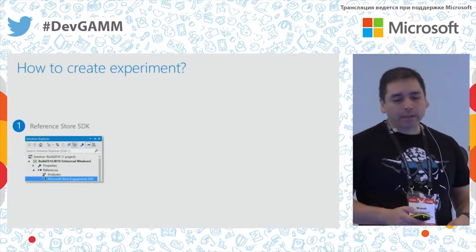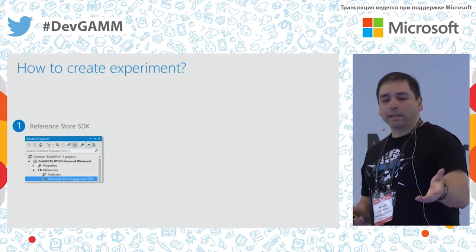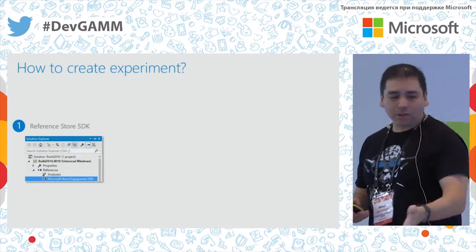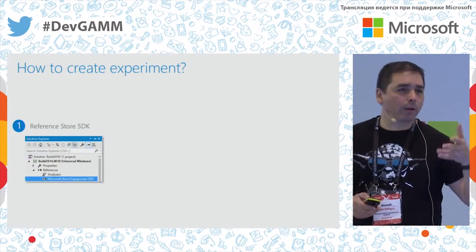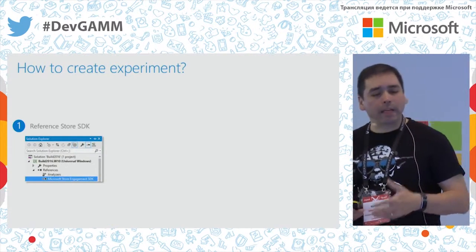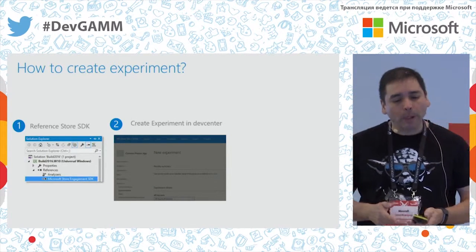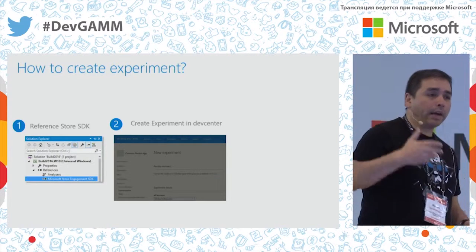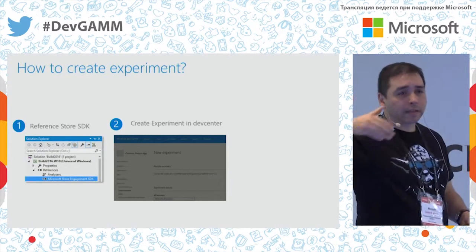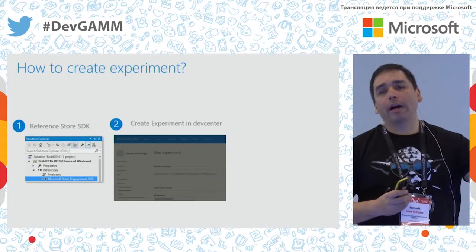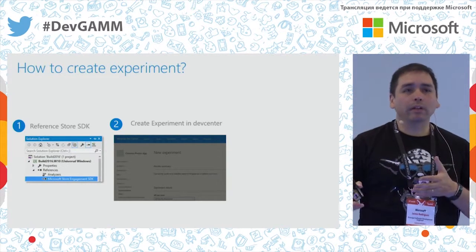How does that work on our side? It's pretty simple. We give you an SDK that you just reference from your app. This is C# references, but the SDK works for any language. If you have a C++ game, you will use the same SDK, and it will work fine. Then you go into the Dev Center and say, I'm going to create an A/B test, maybe to decide what feature to show, like whether I show a vertical ad or a horizontal ad.